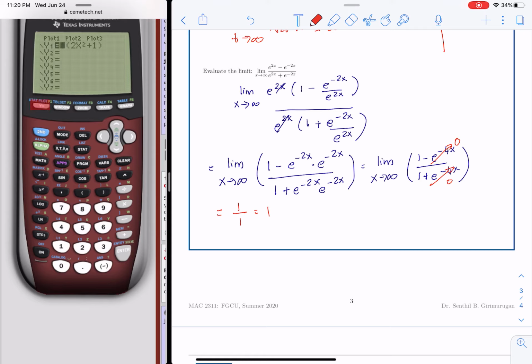Let's see if that is true. You could always verify your answer using a calculator. Divided by, parentheses are important.